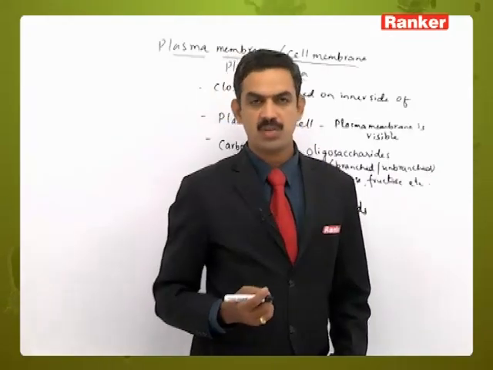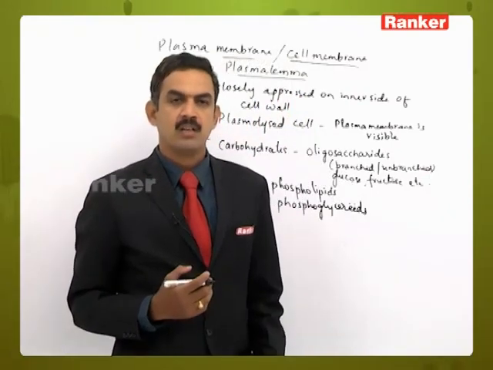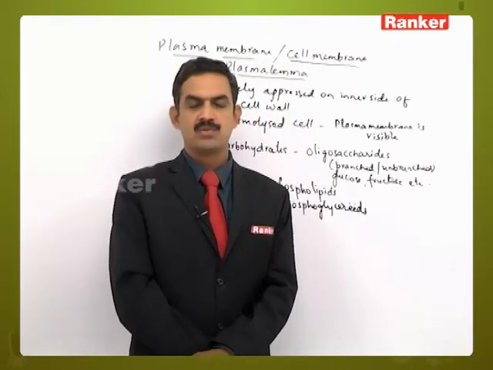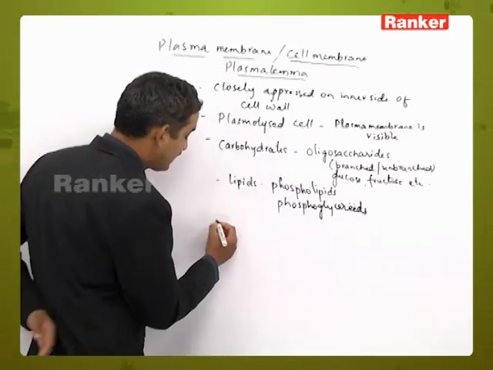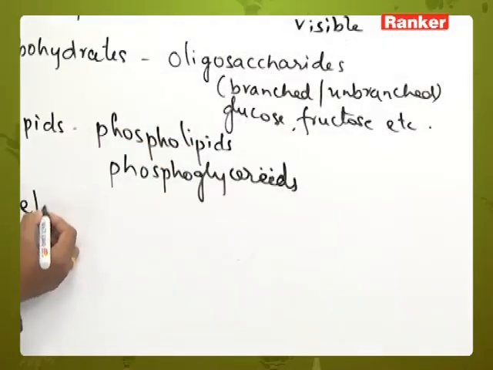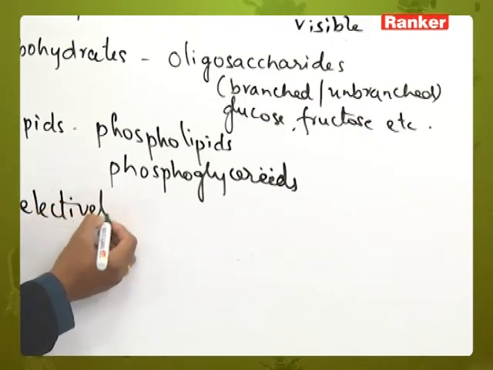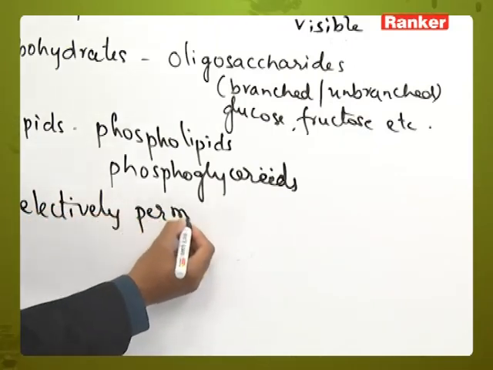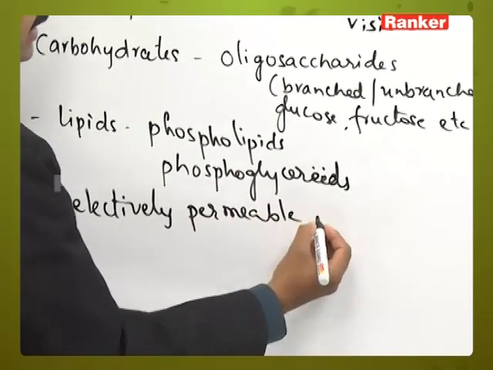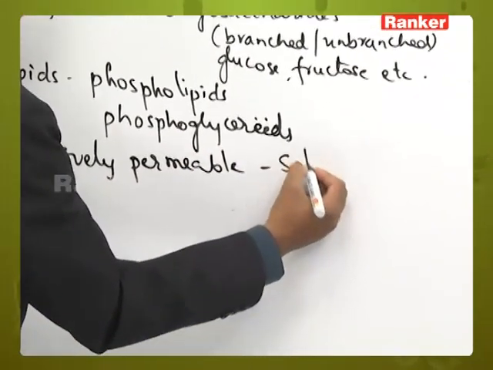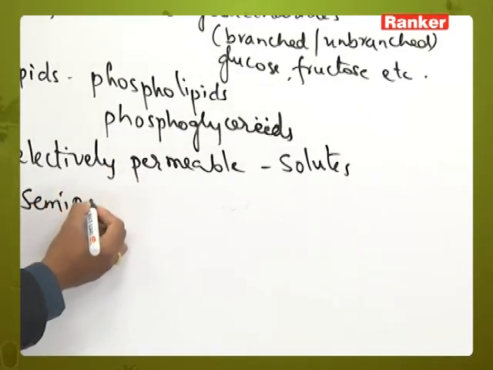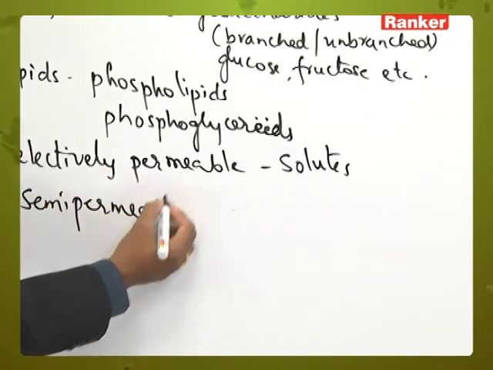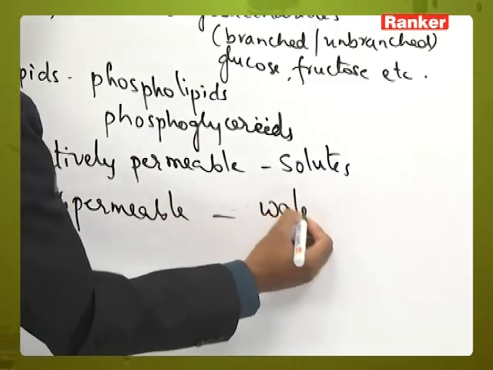So this type of composition will be there, and based on the nature, the elastic nature will be there as we have said, but one more thing: this is selectively permeable and also semi permeable. It is selectively permeable to the solutes, whereas it is semi permeable to water molecules.